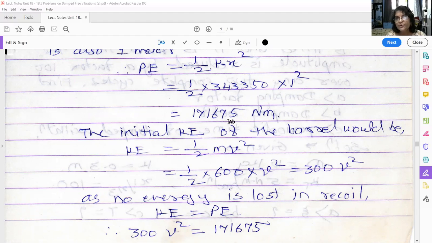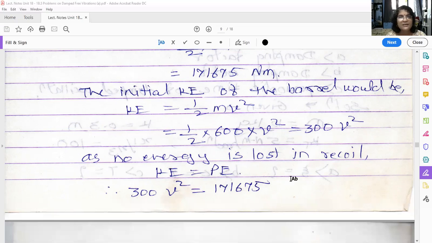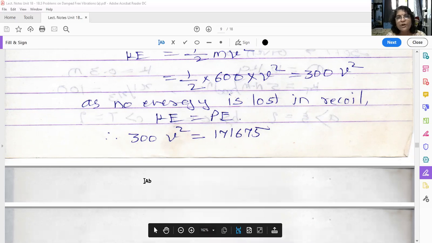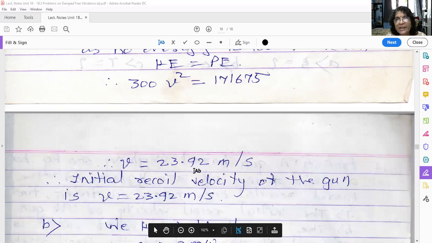This is potential energy, this is kinetic energy, and as there is no loss, this is the assumption, so kinetic energy is equal to potential energy. So 300 v square is equal to 171675. That means we got v is equal to 23.92 meter per second. So initial recoil velocity of the gun is 23.92 meter per second.